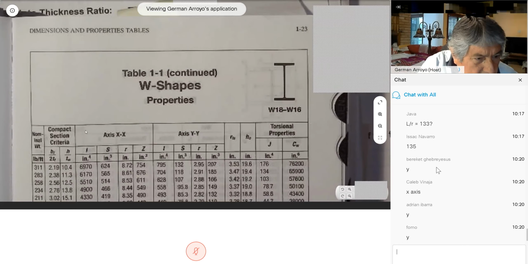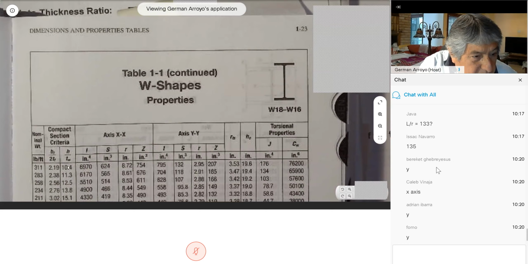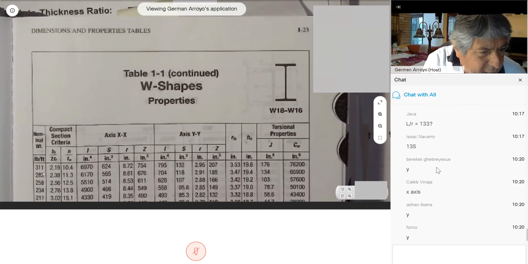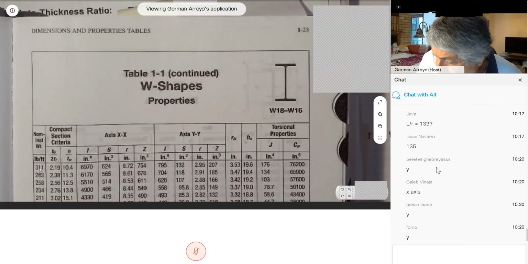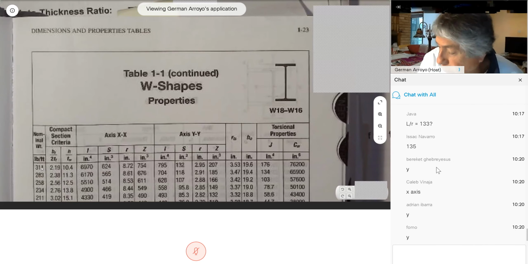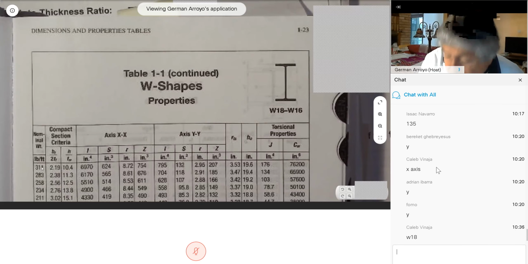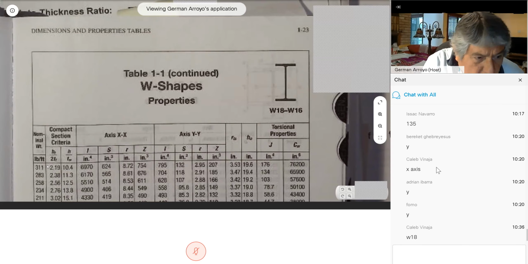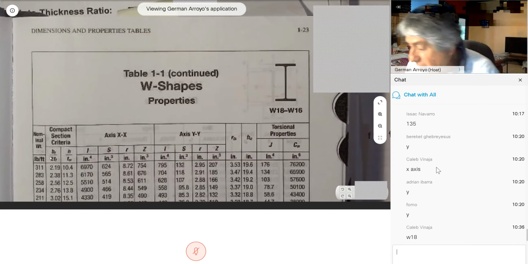Look, they call it compact section. Look, b over 2 times the thickness of the flange, h over tw. For this section, already being computed. For every single section is already being computed. Go all the way to the left to the next page and tell me what section it is. It's W what by 311? W18 by 311, exactly. So every section on the right side has this information, so we don't have to compute it. It's already given for you.